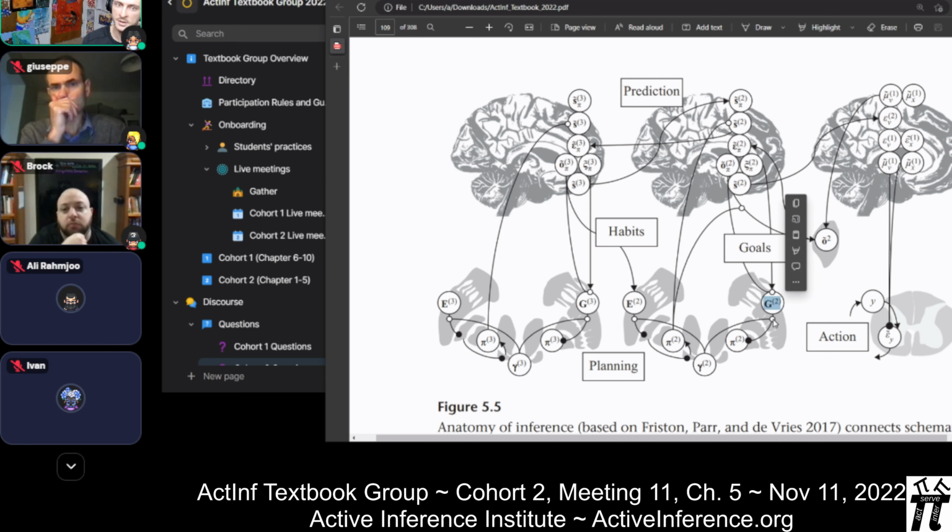Any discussion of the relative merits of different policies in terms of their expected free energy, which is to say their relative pragmatic and epistemic value, any evaluation of policy is a different cognitive and computational process than merely the recapitulation of habits, which doesn't require any consideration of policies at all.